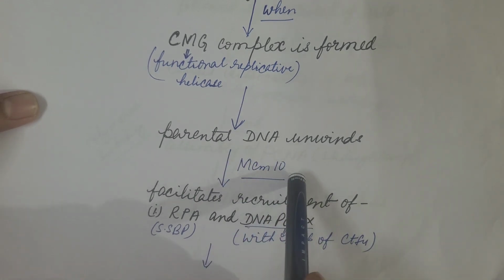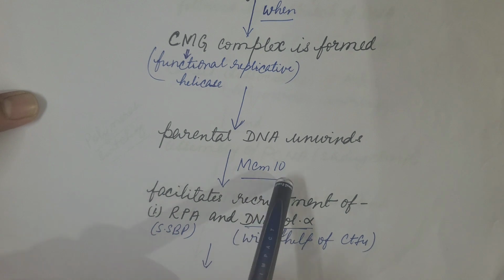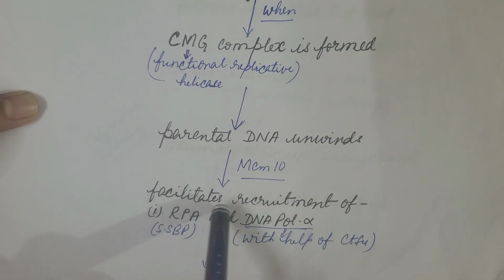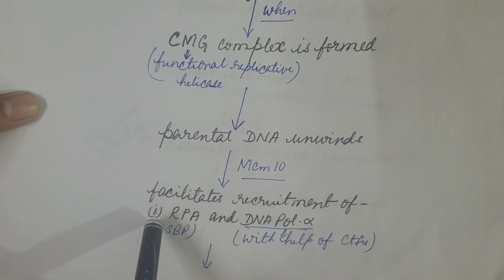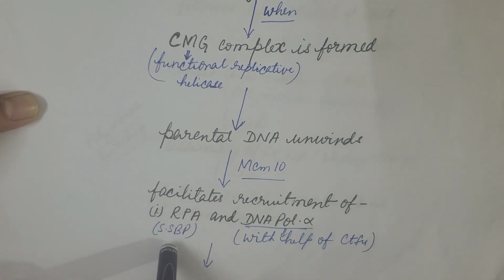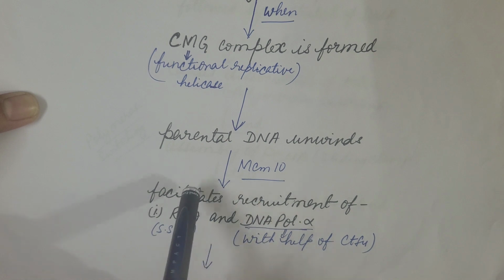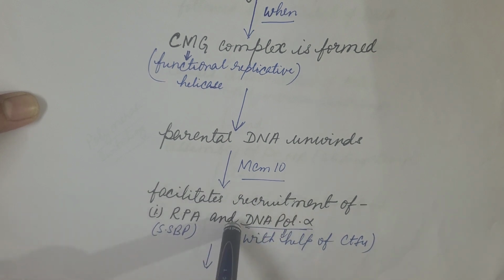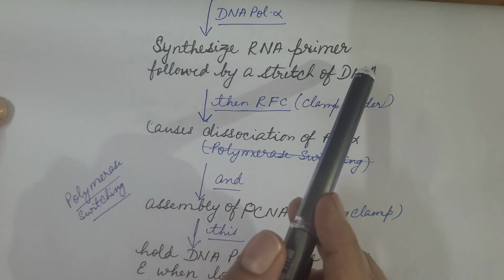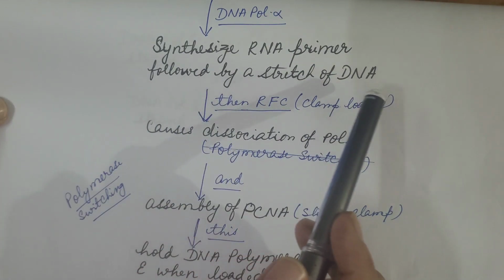Now MCM10 is recruited and attaches to the CMG complex. MCM10 then facilitates the recruitment of RPA, replication protein A, a single strand binding protein which binds to the single-stranded DNA and stabilizes it, and also facilitates the recruitment of DNA polymerase alpha with the help of the CTF4 protein. DNA polymerase alpha then synthesizes an RNA primer followed by a stretch of DNA.